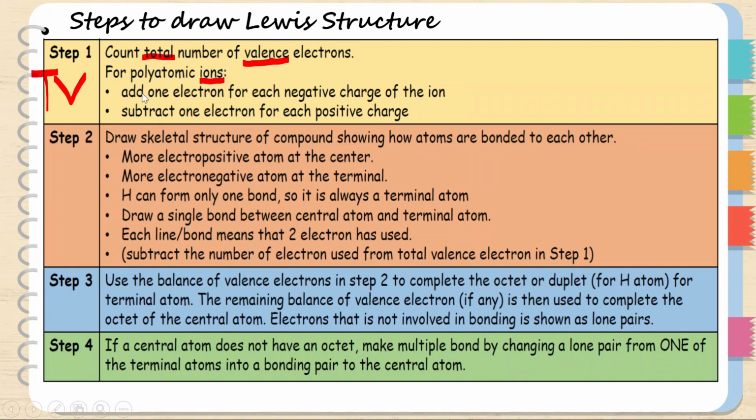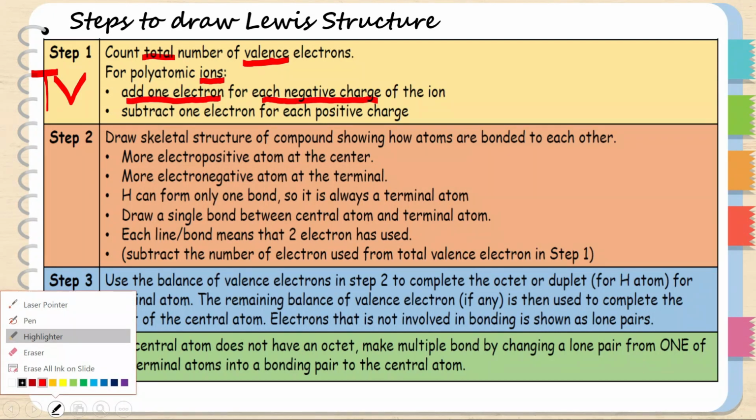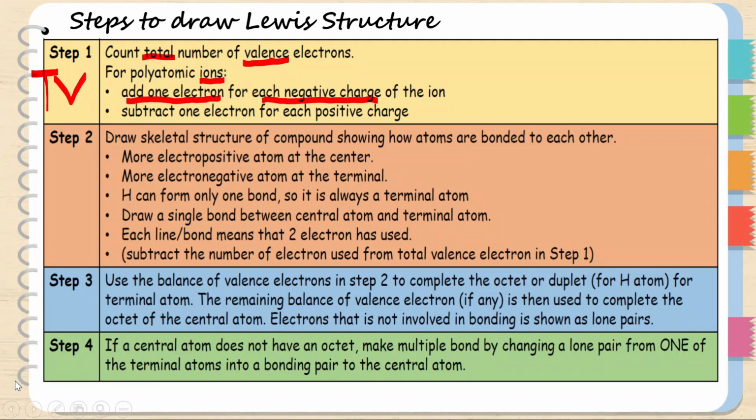We need to add 1 electron for each negative charge of the ion. This corresponds to the anion. So when we have an ion, we need to add electrons depending on the charge of the anion.